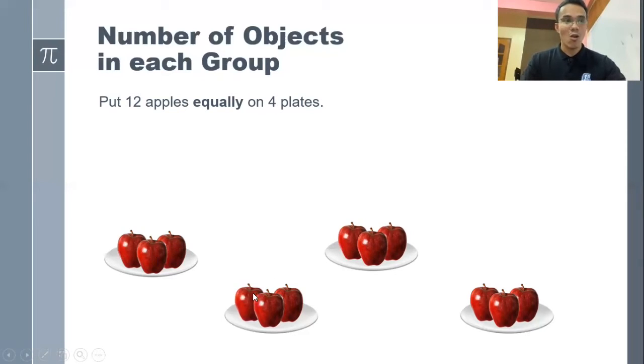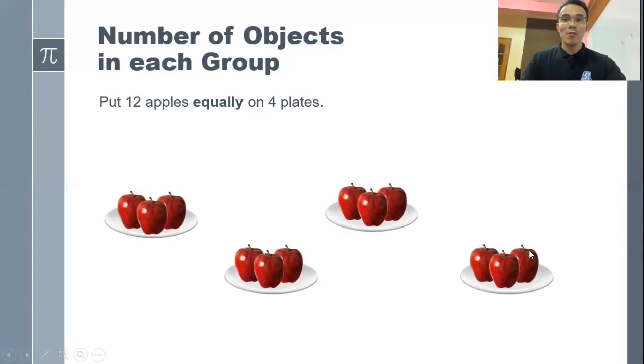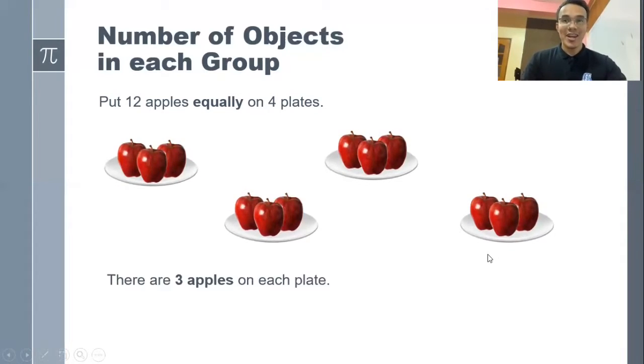Second plate, 1, 2, 3. There are also 3 apples. Third plate, 1, 2, 3. There are 3 apples. And fourth plate, 1, 2, 3. There are also 3 apples. Therefore, we can say that there are 3 apples on each plate.